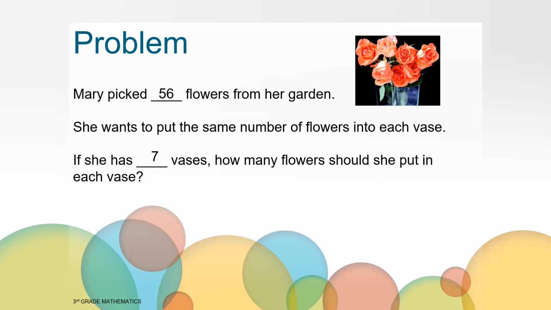You don't know how many flowers are in each vase. Well, what about the total? Do we know how many flowers she has? Yes, there are a total of 56 flowers. So what we want to find out is how many flowers Mary should put in each vase so that she uses all the flowers and puts an equal number of flowers inside each vase.